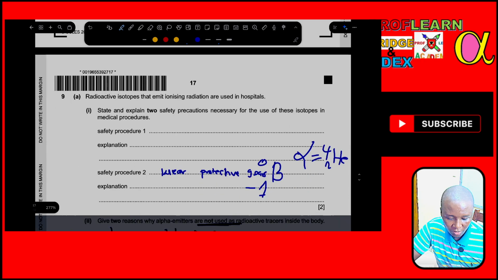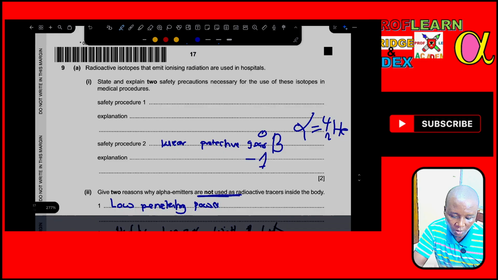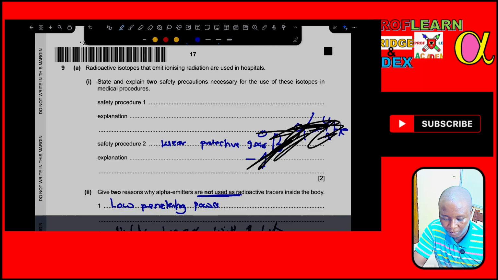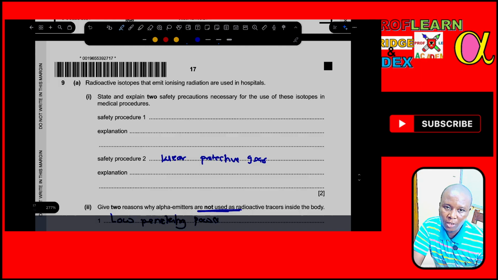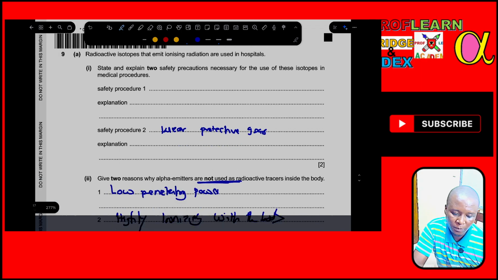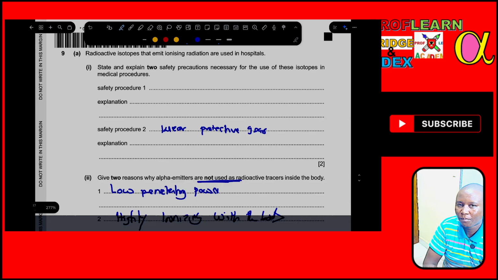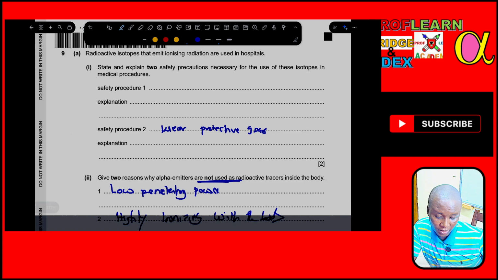Candidates also were supposed to answer a question to do with radioactivity. In this case, it was about safety precautions when you are dealing with radioactive substances. The safety precautions will include wearing protective gear and also reducing exposure time when it comes to radioactive materials.